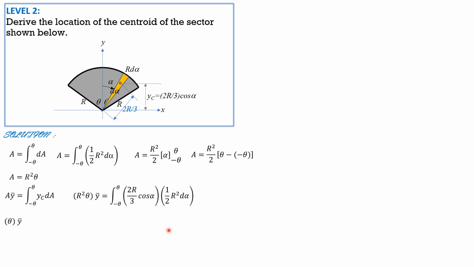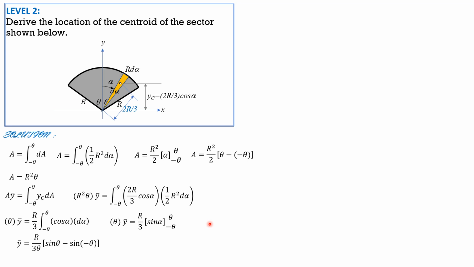Cancel r square, so theta barred y equals 1/3 of r, then integral from negative theta to theta of cosine alpha differential alpha. The integral of cosine alpha differential alpha is sine alpha. So theta barred y is r over 3 sine alpha from negative theta to theta. So barred y is r over 3 quantity sine theta minus negative sine of negative theta.